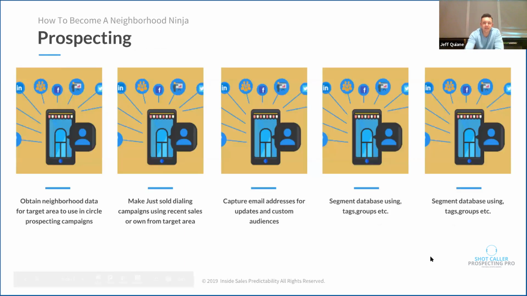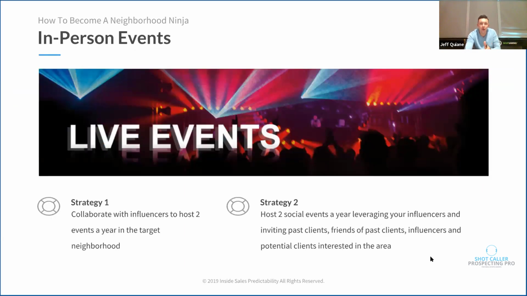Or if you've segmented to the level where you know not only are they a nurture, but they're interested in this particular neighborhood, you know, I can pull up a tag that says Frisco Lakes and I can see anybody who's ever expressed interest in Frisco Lakes. Those are people that I would be inviting to these events. They're potential clients who are interested in the area.